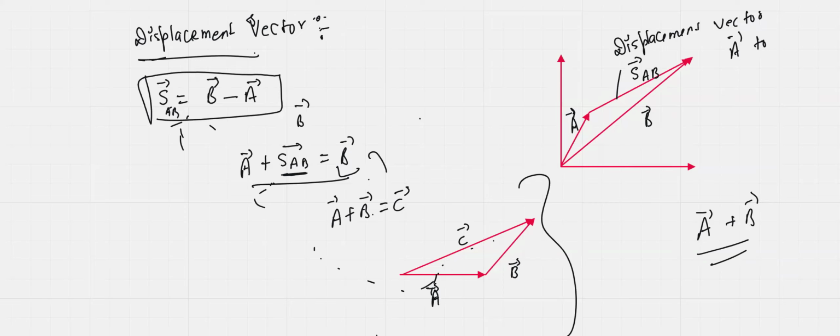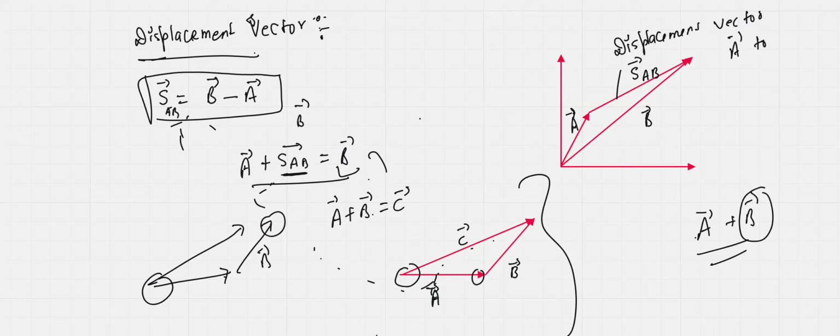If you join the head of this A vector with the tail of this vector, then the resultant vector is the vector joining the tail of A and the head of this. The available points are this head and this tail, so I will join them and I will get the resultant vector. Understood?